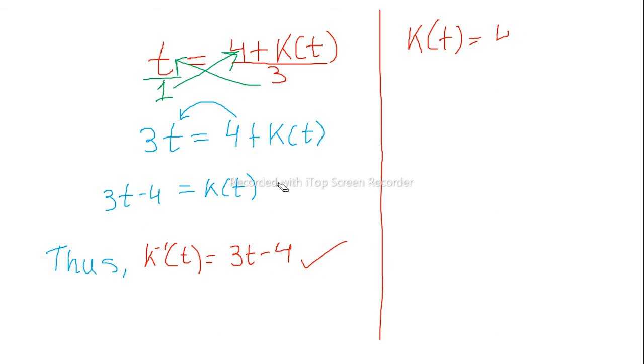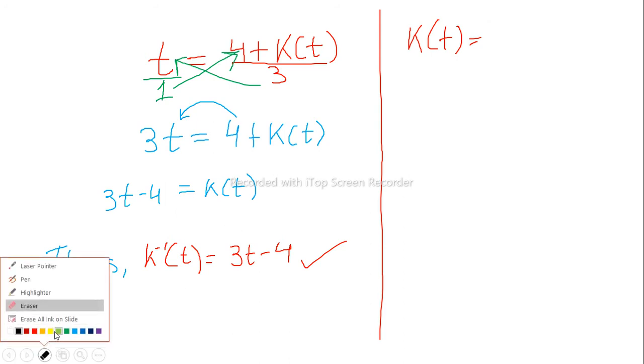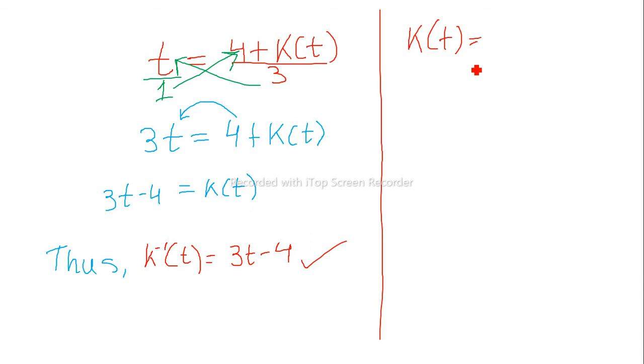Let's say we have 22 minus t over 5. I want you to find the inverse. So find k inverse of t.